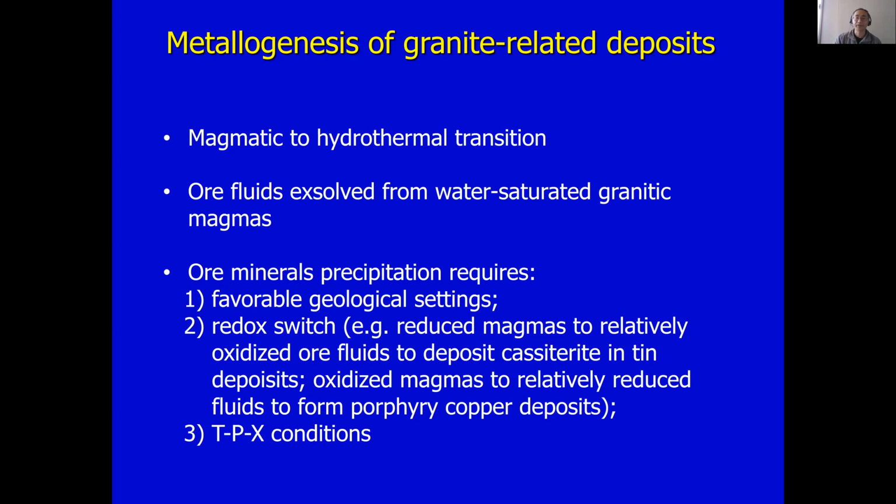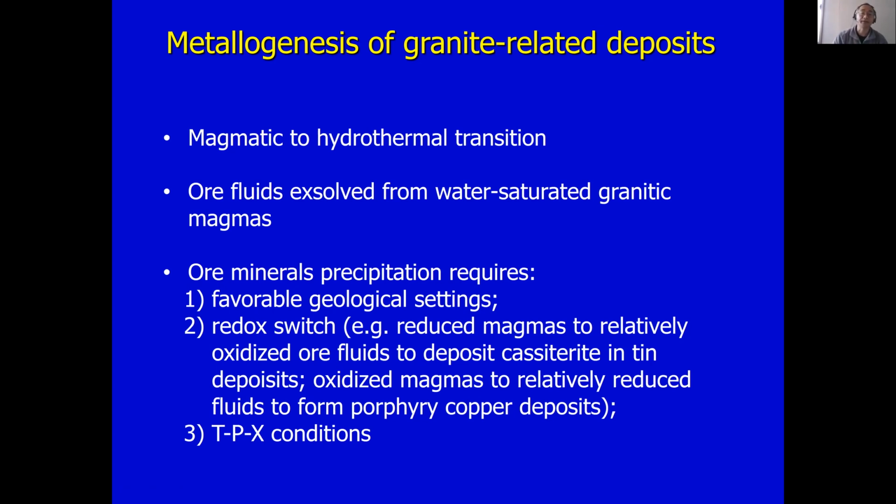Similarly, for oxidized magmas, for porphyry deposits, you need an oxidized magma to build up, but when you precipitate, you need it a little bit reduced. Besides that, you also have temperature or pressure control that affects the metal complexes in the fluids. When the other physicochemical conditions change, the solubility will change. But the redox is more important.